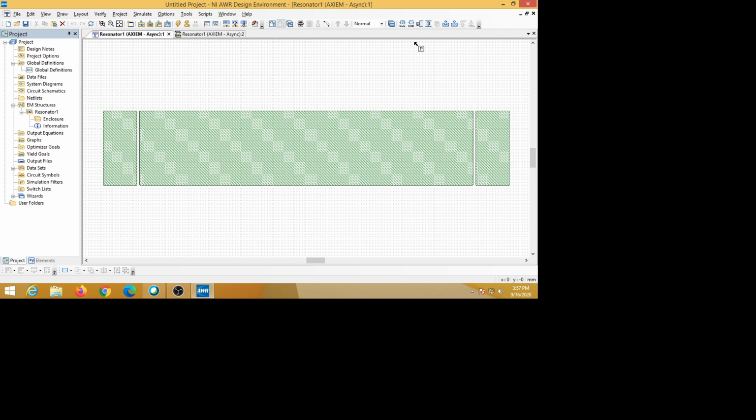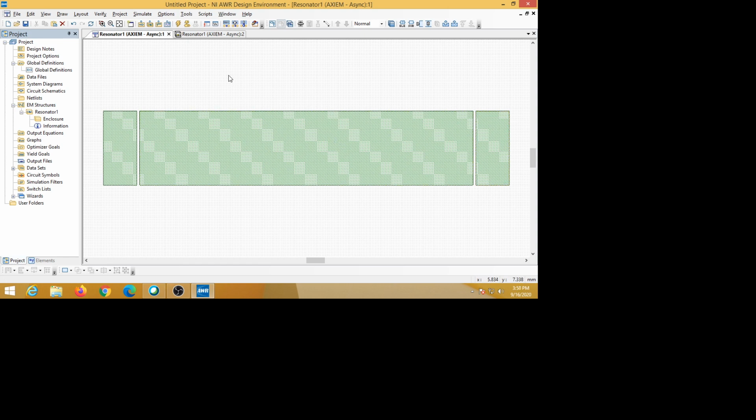Click on the edge port and this symbol will come, which you can put wherever you want. Edge port means we should put it on the edge only. So we put one here, and similarly we put a port here.